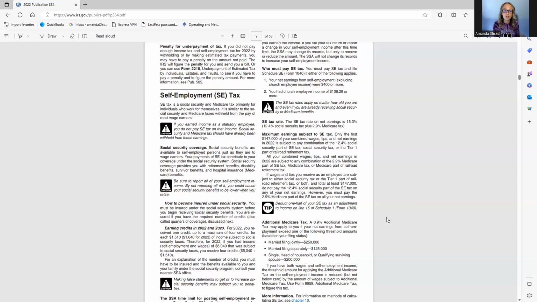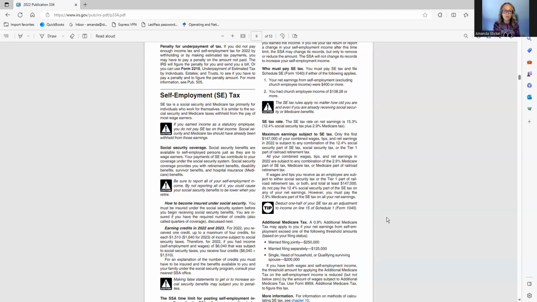How to become insured under Social Security. You must be insured under the Social Security system before you begin receiving Social Security benefits. You are insured if you have the required number of credits, also called quarters of coverage, discussed next. Earning credits in 2022 and 2023.